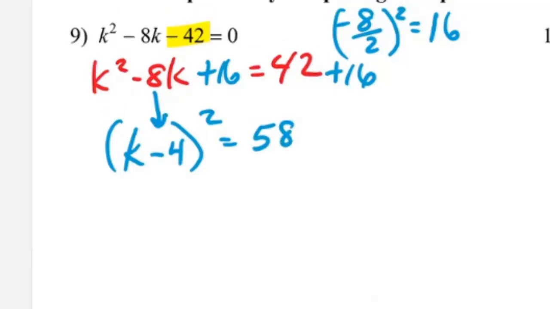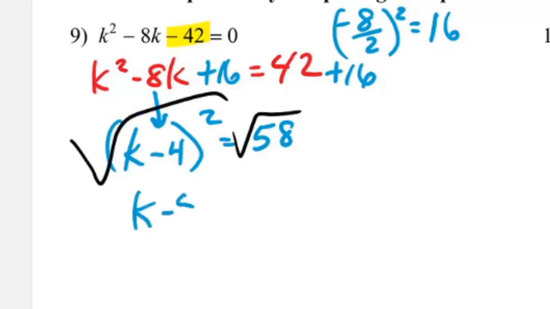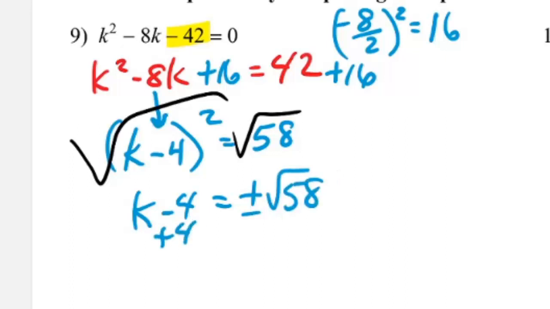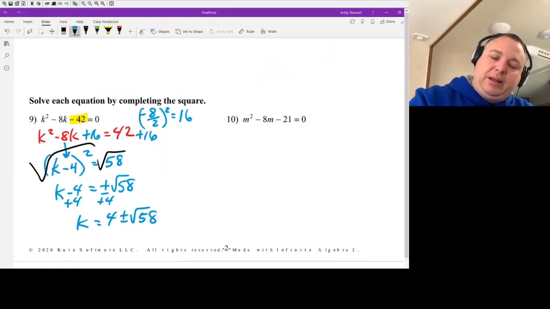From this point on, we just take the square root of both sides. That's kind of a funny looking square root. K minus 4 is, don't forget your plus or minus. And one more thing, we're going to add 4 to both sides. 4 plus or minus radical 58. We're going to leave it like that.